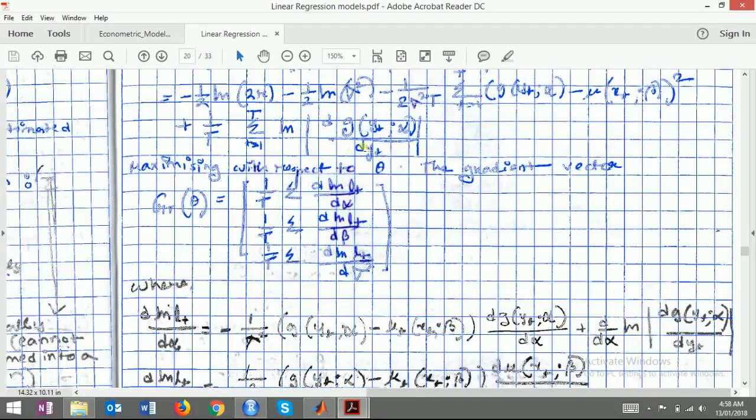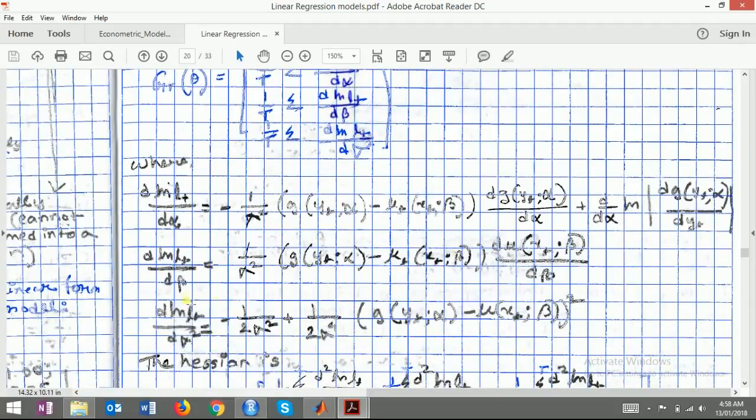Beta is coming from the independent probability distribution function, density function, or the independent nonlinear function. So here we don't have any independent nonlinear function element. Here we have both of the elements, independent and dependent nonlinear function elements.